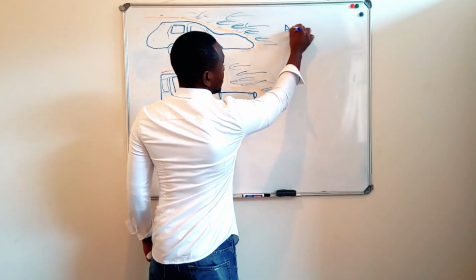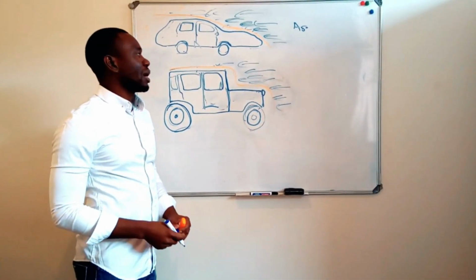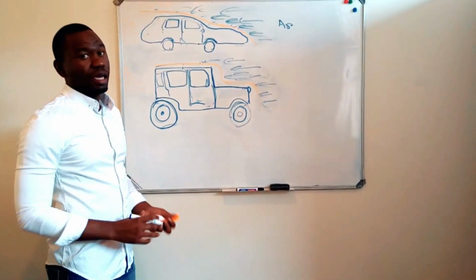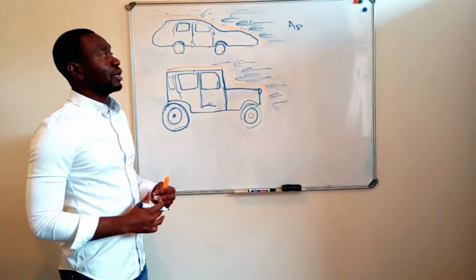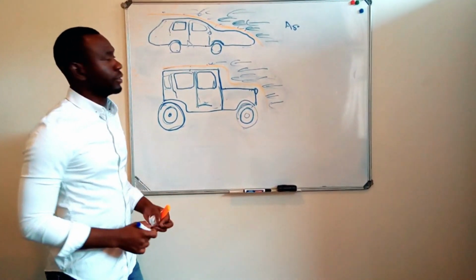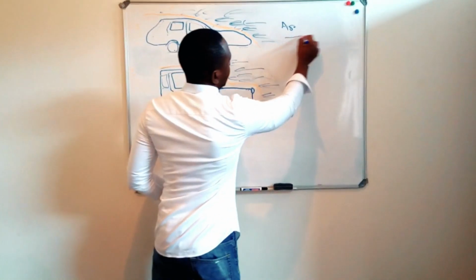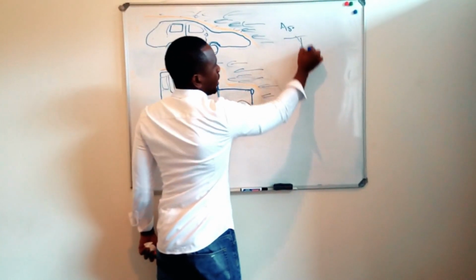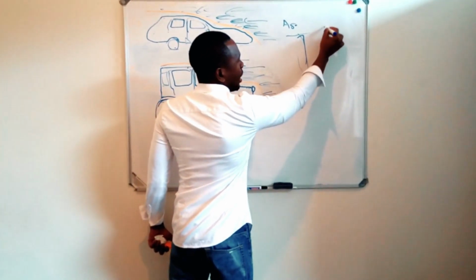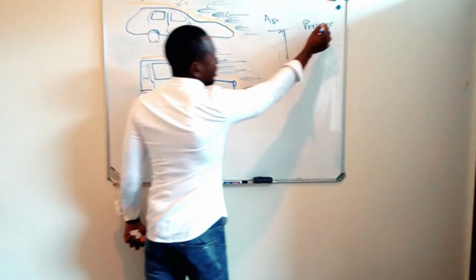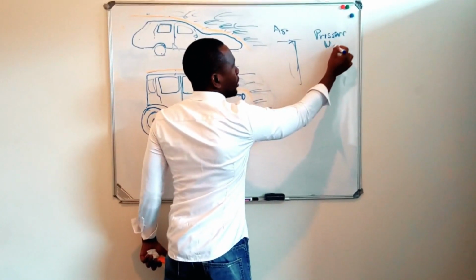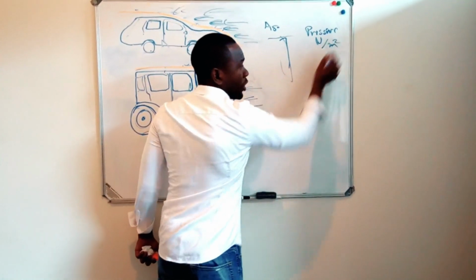Aerodynamics is the study which focuses on the motion of air, in particular its interaction with a solid body. Now we all know that air acts like a pressure, and pressure is expressed in Newton per meter squared.